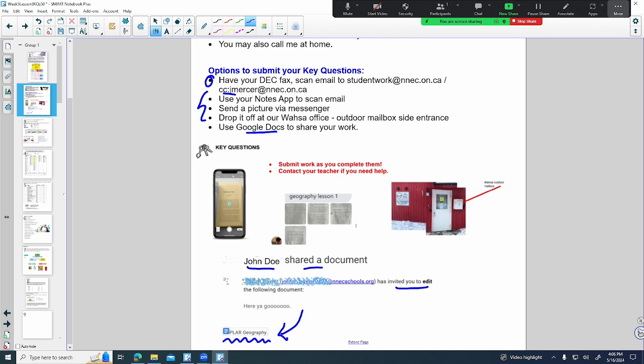So that one, the student gave me rights to edit. You can change it to view instead of edit. If you put edit, that means I can change stuff on there. In this case, what I did was I put his name on the top of the page and the lesson and key question numbers. So lots of ways to do that.